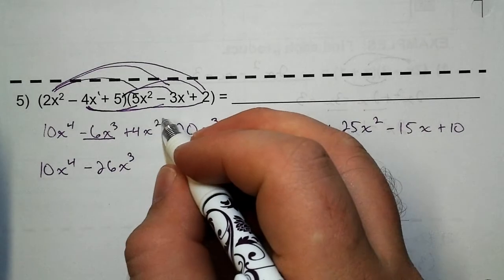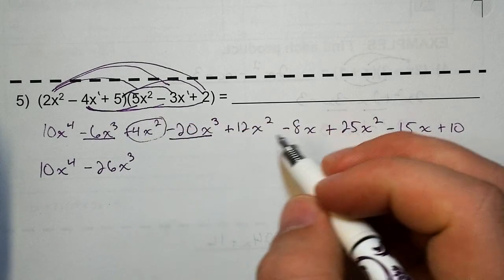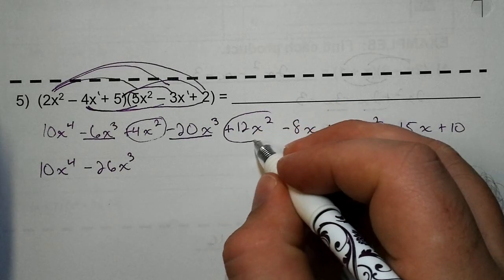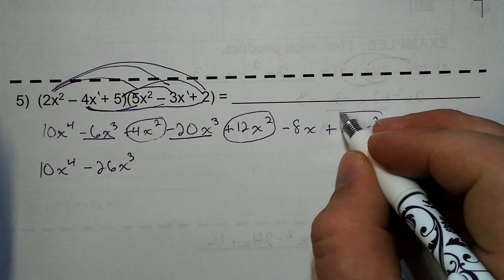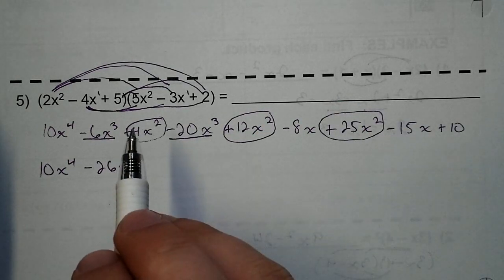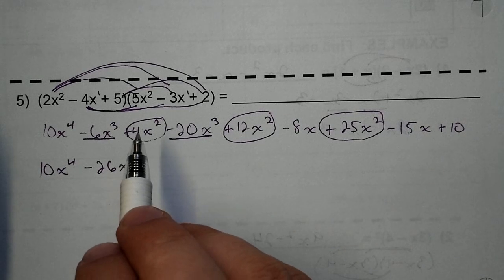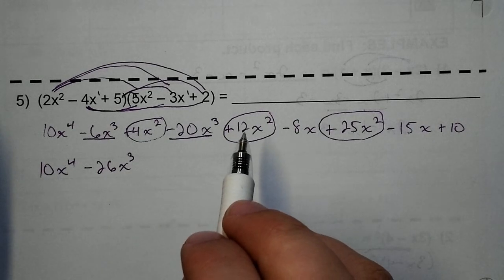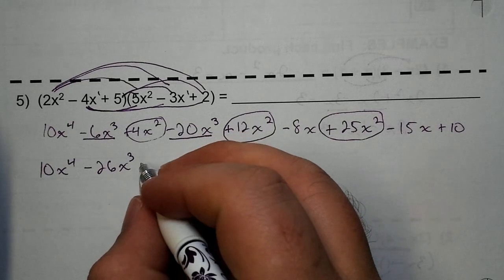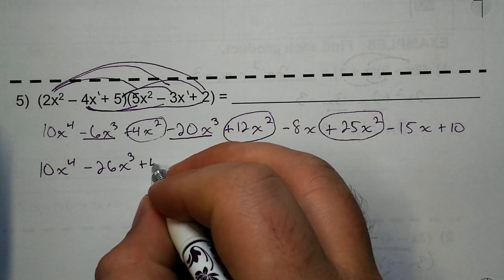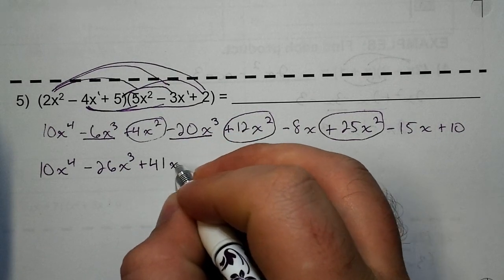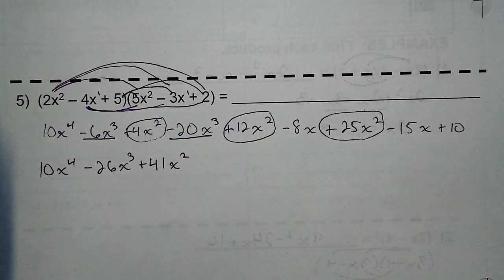Now look, I've got a 4x squared, a 12x squared, and a 25x squared. They're all positive. 4 plus 12 is 16. 16 plus 25 will give me 41, so 41x squared. Now I look and I check my x's.